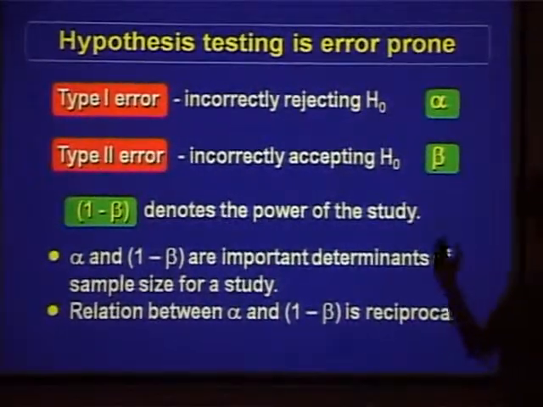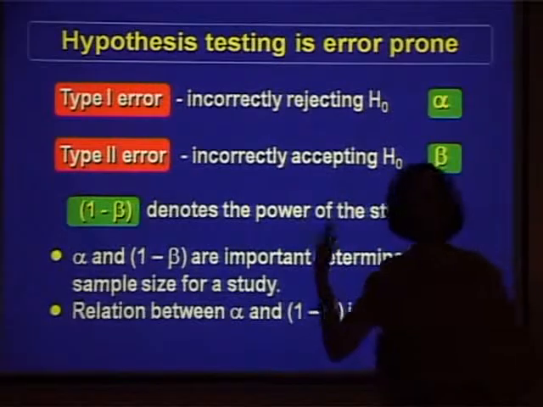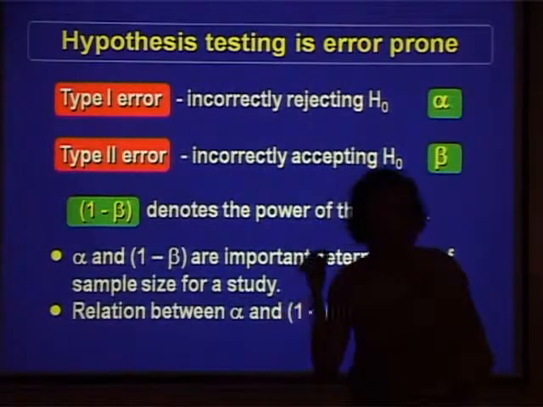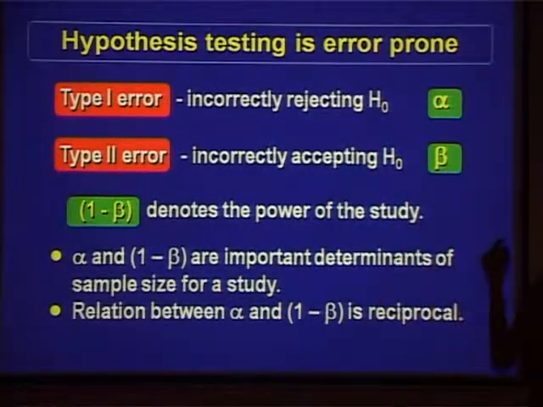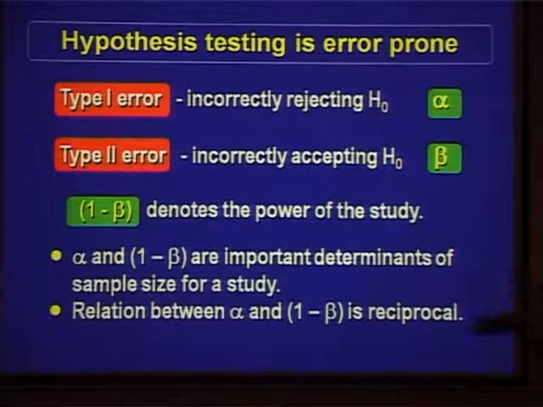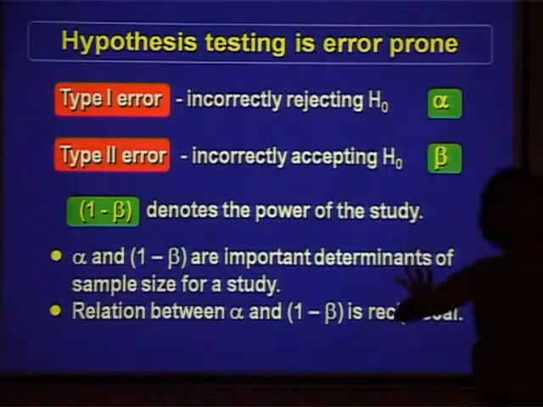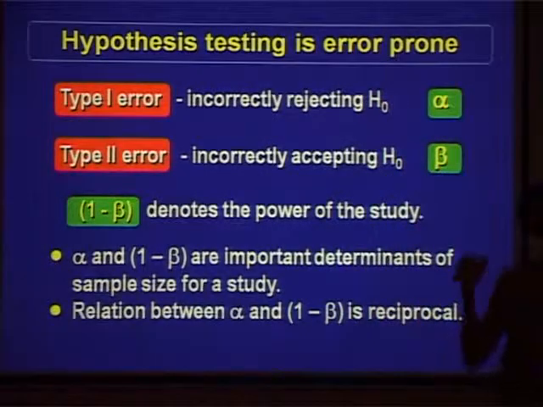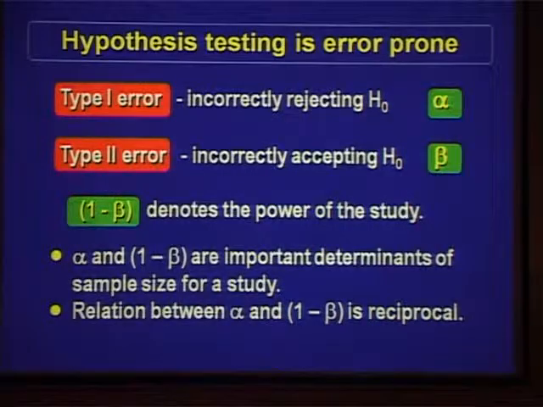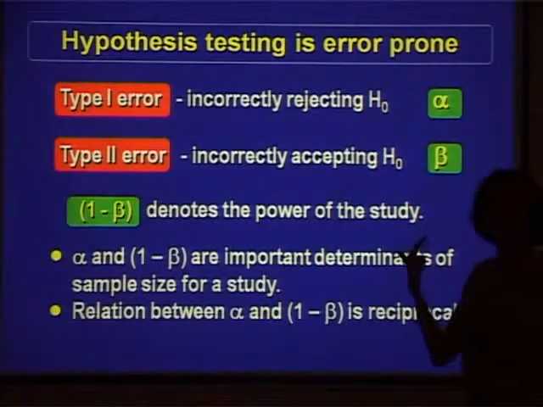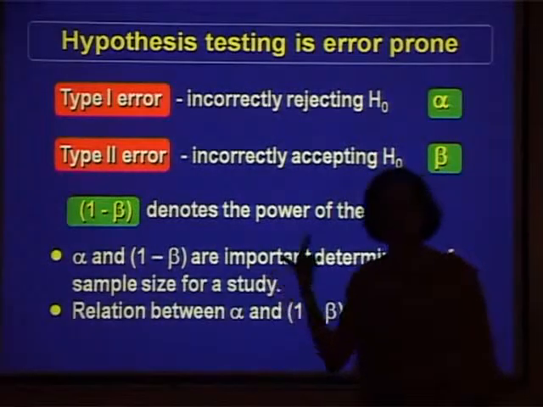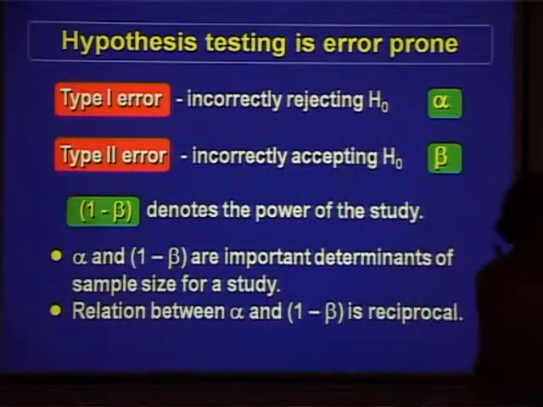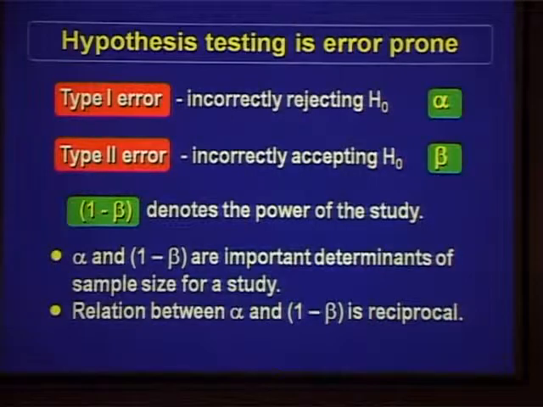It's also called the type 1 error. Finding a difference when a difference does not exist. The last possibility is not finding a difference when a difference actually exists, which is your false negative. It's your type 2 error. It's also called the beta error.